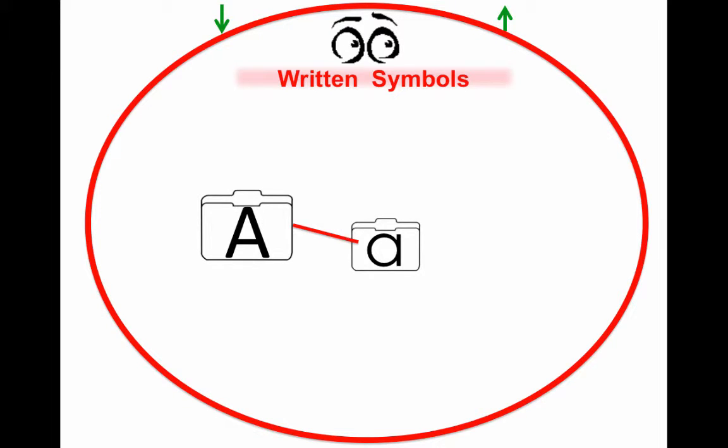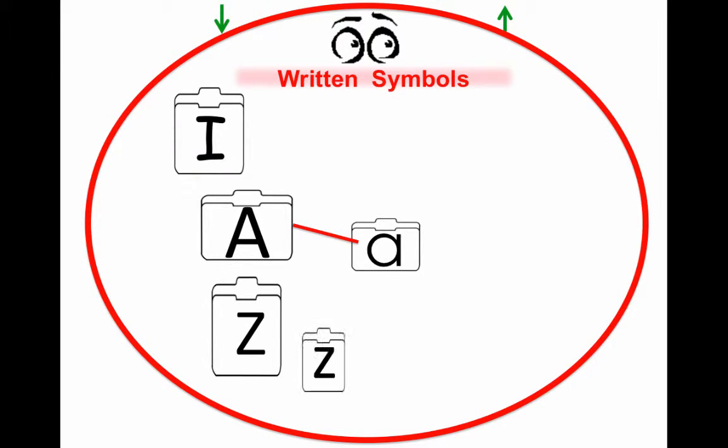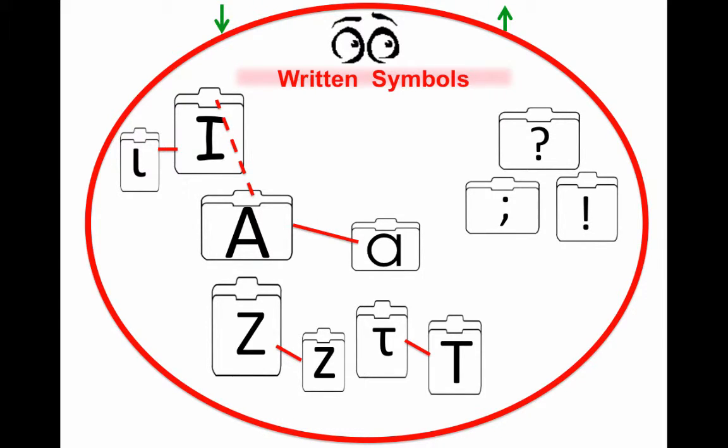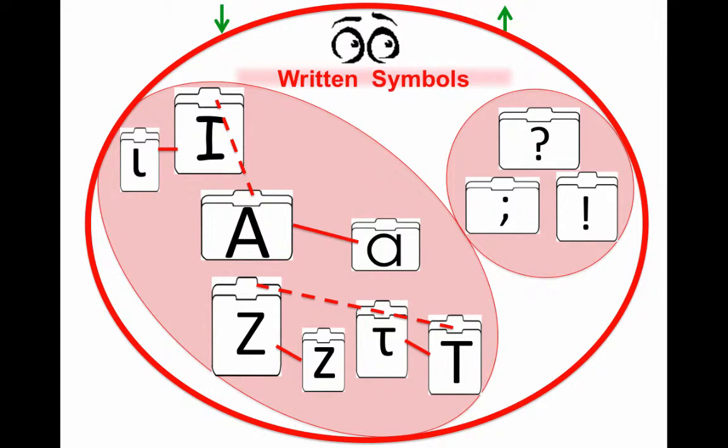As we learn more and more symbols, and how they are related, ideally, we learn which letters are vowels and which letters are consonants. We also learn to distinguish letters from punctuation marks.